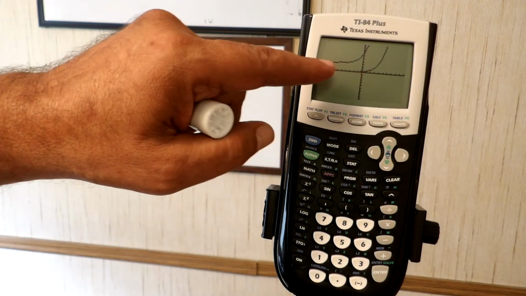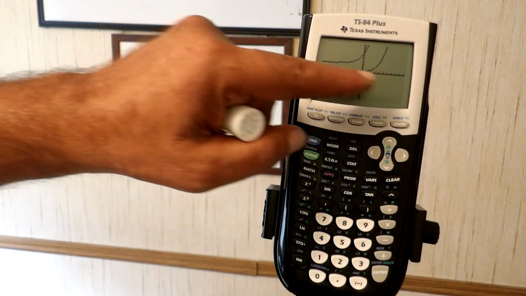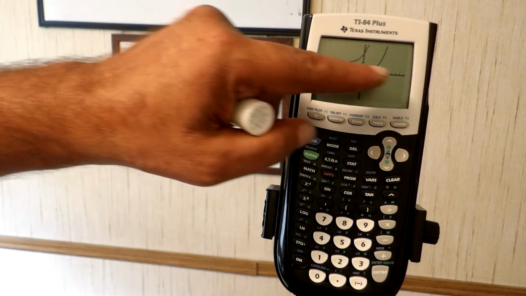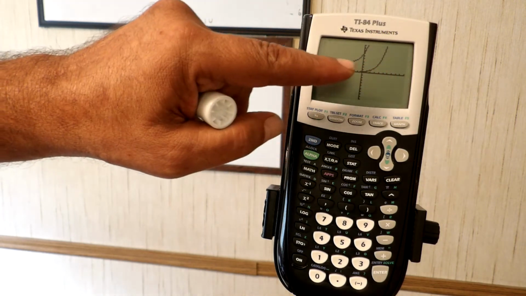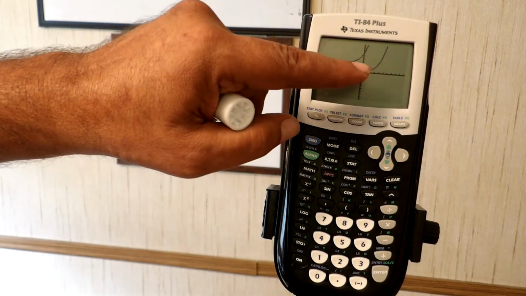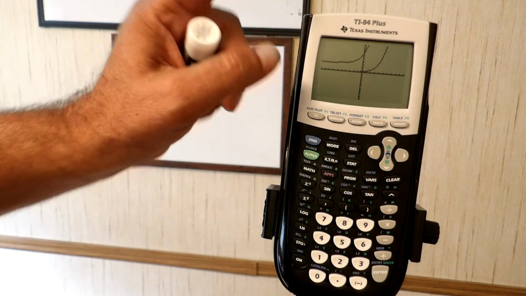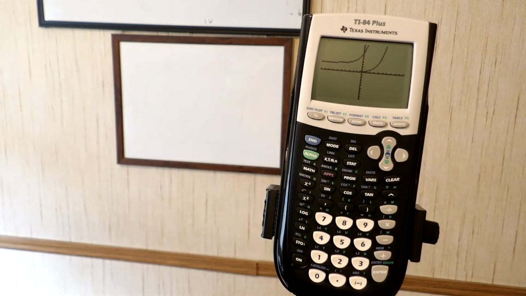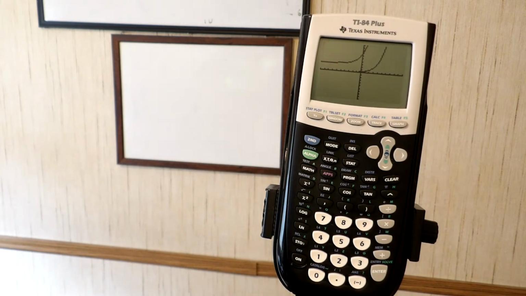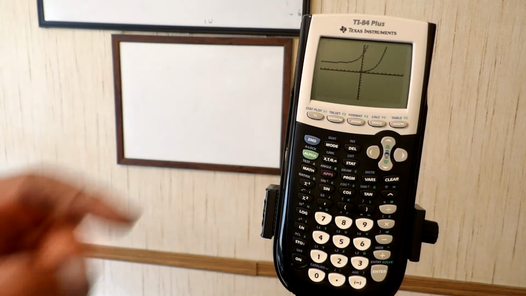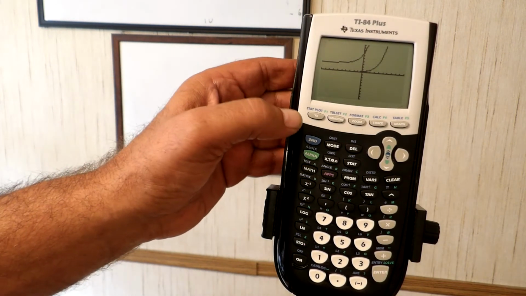This horizontal asymptote is on the x-axis, but here it has 3 units up there. So this is about graphing this, and then we get to the logarithm function.